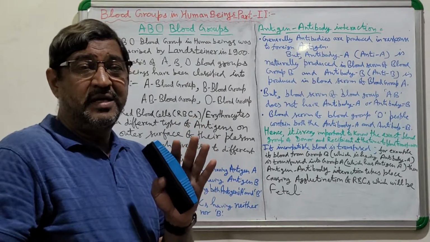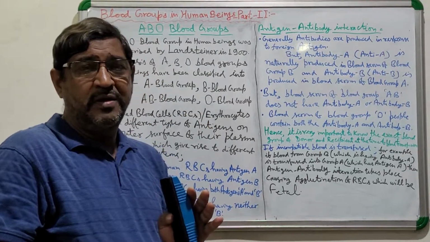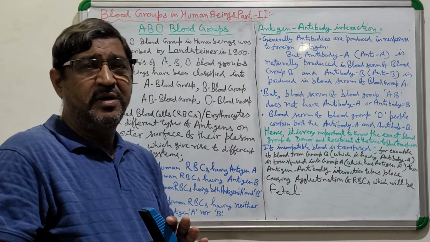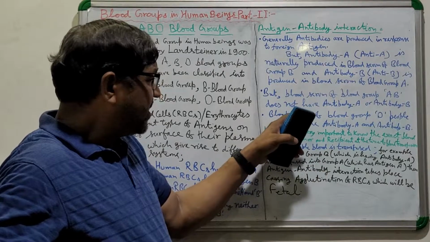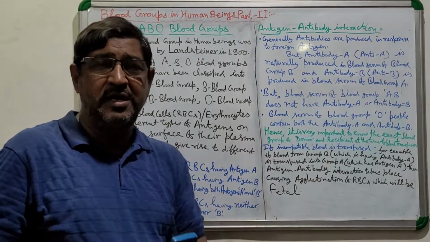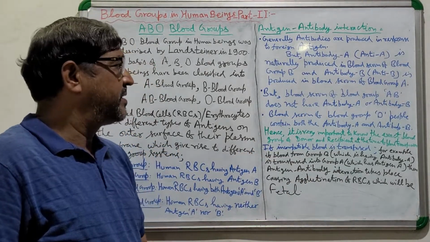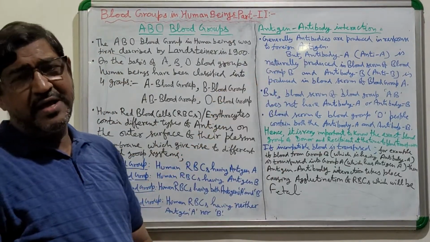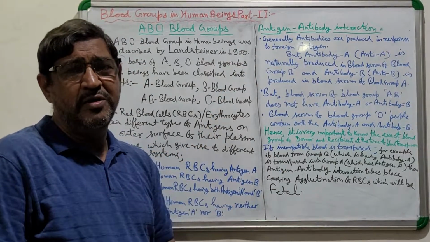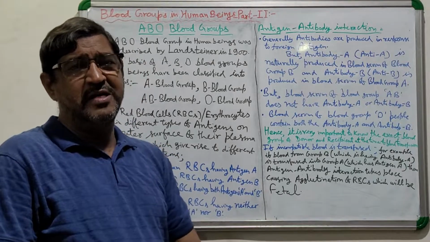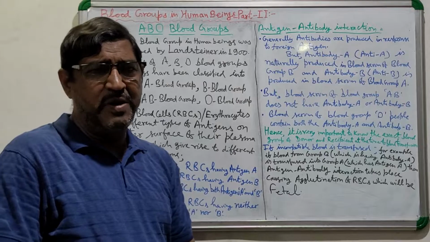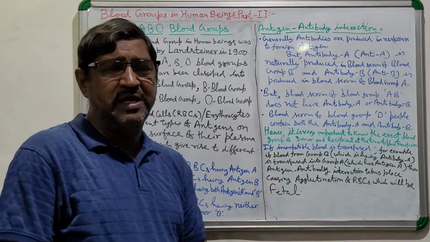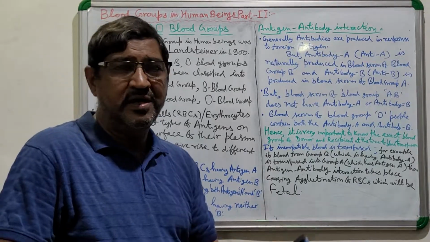In case of AB blood group, in the serum you don't have antibody A or antibody B. And likewise in A blood group people, the serum is having antibody B. And in B blood group people, the serum is having antibody A.